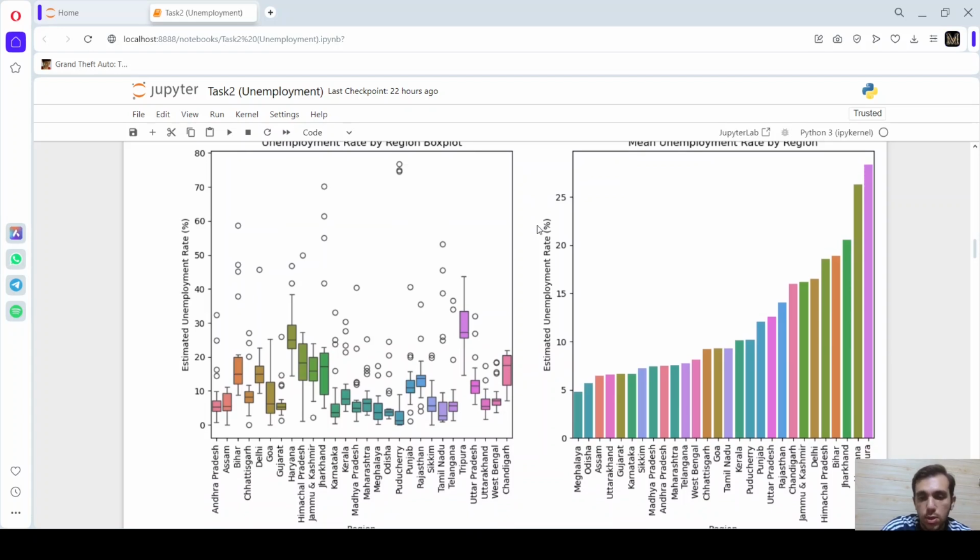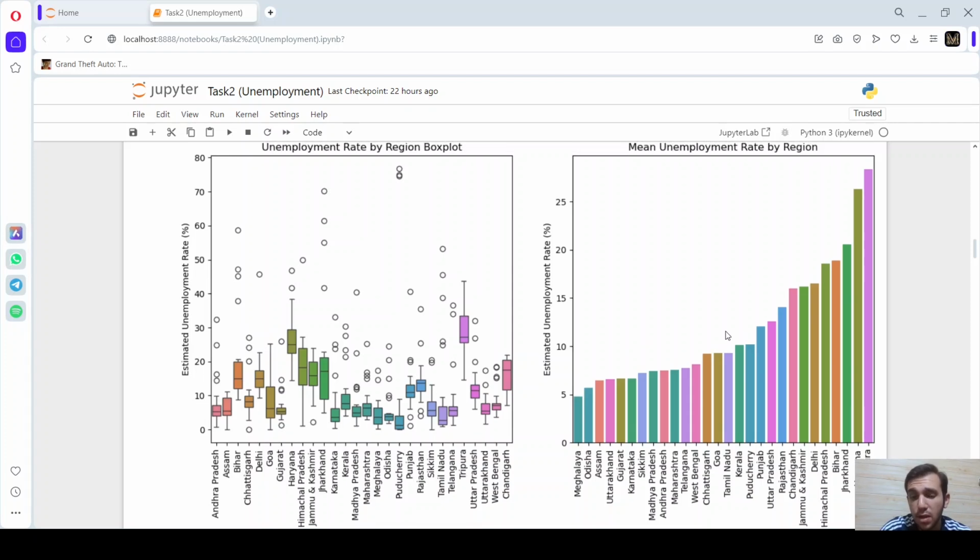And so we can see, for example, that 50% of the regions have an unemployment rate below 10%. However, it exceeds that in some different regions. For example, Tripura has the highest unemployment rate, like 27%, and then we have Haryana and other regions that got a high unemployment rate.